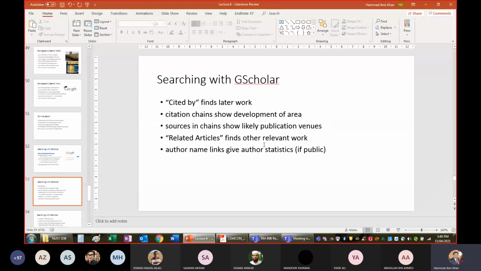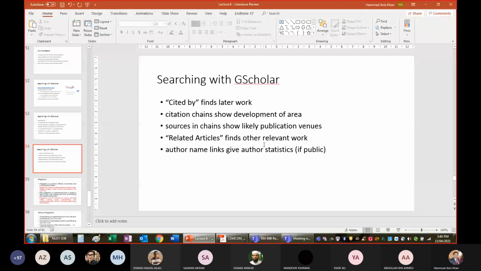Make use of advanced Google search. Under every research paper there is a Cited by link to find later work. Who has cited it? You can find the citation chain of development of an area, and by following that chain you can find multiple additional research papers.